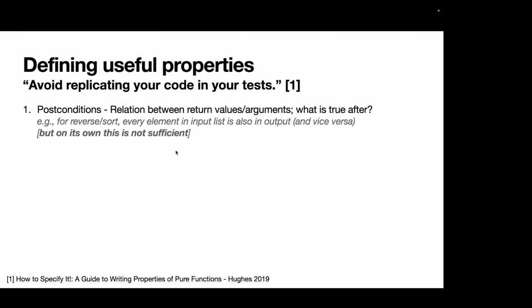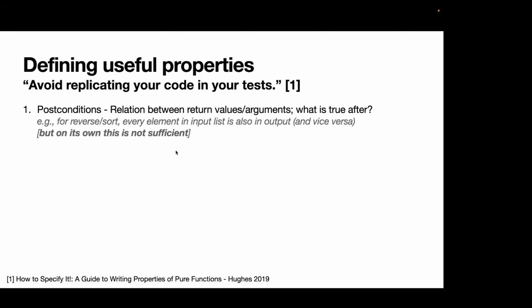So one is called the post conditions idea. That's to look at the relationship between the return values, things that get produced, and the original arguments. Like what is true after you've called this? Going back to the reverse function, you might want to look at the fact that if you reverse a list, all of the stuff in the reversed list should have been in the original list.